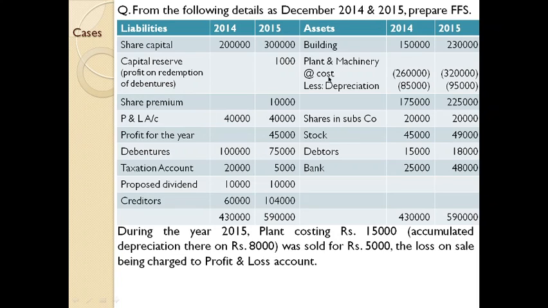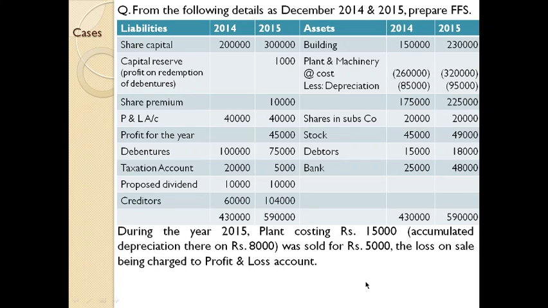Instead of that, you can write it on the asset side by giving the amount within brackets. And here the net value of the asset is given. Shares in subsidiary company is actually an investment. Since both amounts are the same, it doesn't affect our computation. The rest of the items have been dealt with previously in different cases.